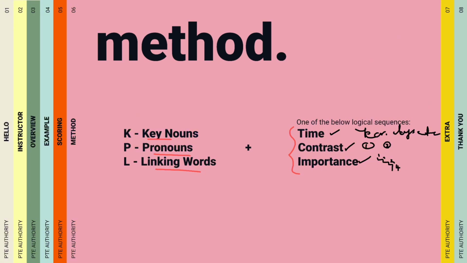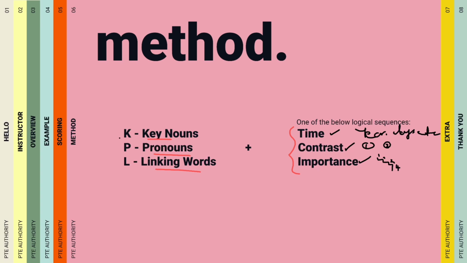So there is an inherent sequence when talking about this type of question, which involves the importance logical sequence. So the key is to identify from your given paragraphs which of these logical sequences is in the question.